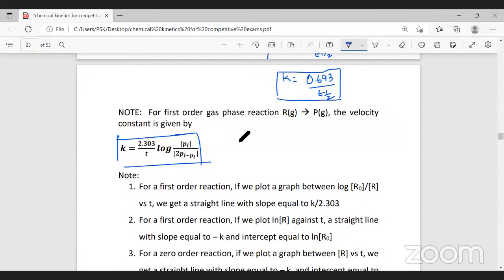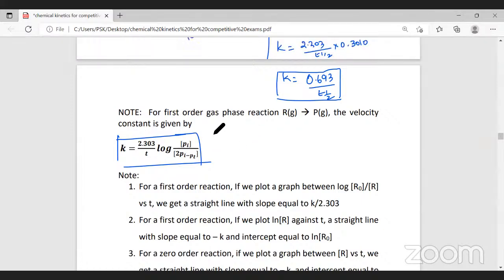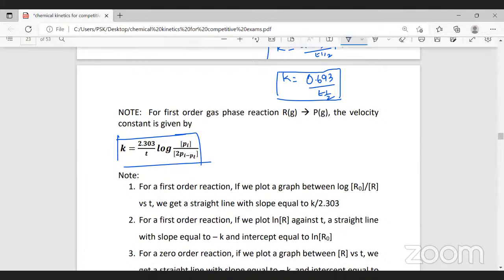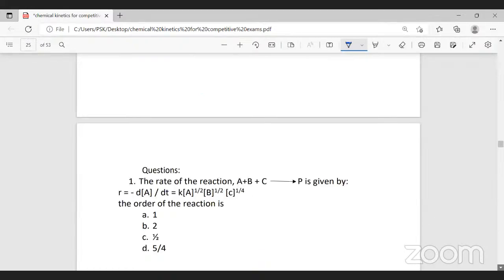When you're talking about a gaseous reaction, we cannot use concentration; we have to use pressure. Pi stands for initial pressure and Pt stands for final pressure. Now we will derive this equation in the next class. All right, and then we'll continue with some questions based on these concepts we have learned.